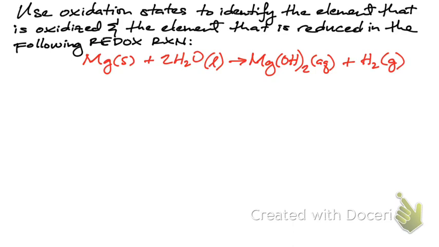We have solid magnesium, which would receive a 0 oxidation state. And for magnesium hydroxide, because magnesium is aqueous here, it's an ion when you disperse it in water, you have magnesium 2+.